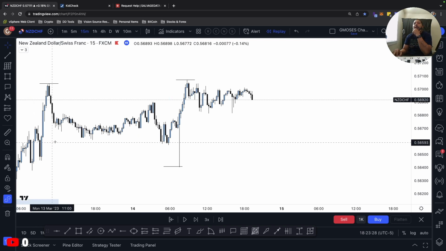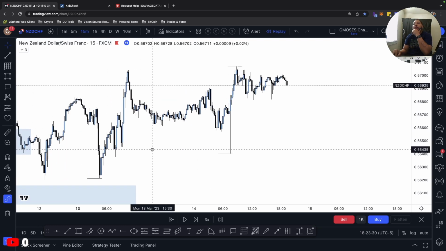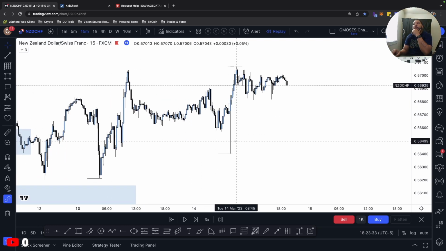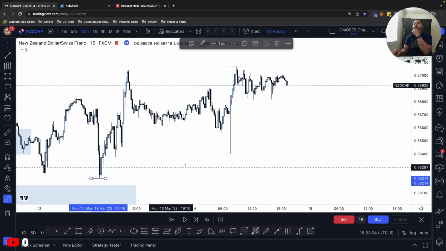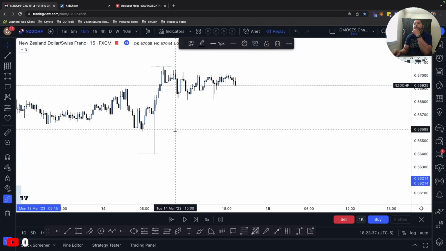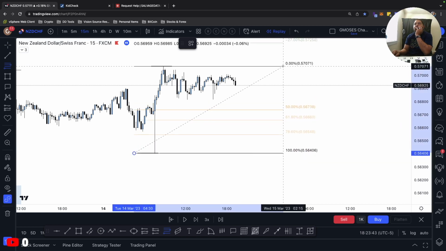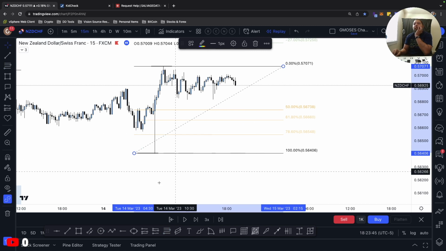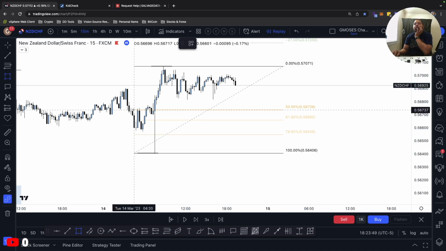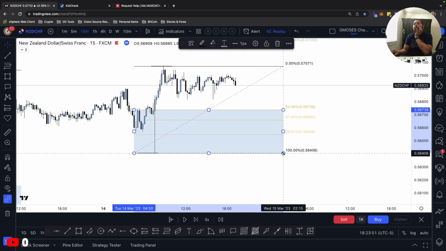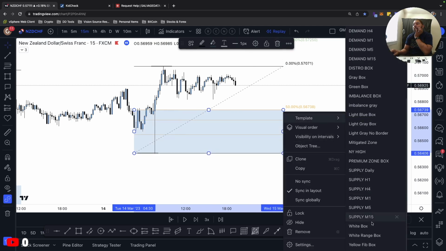So because we have these areas here, what we can do is utilize our fibs for this leg of structure here. Bottom, top here, and then what we can look for is bounces or anything off this area here, because we're continuing structure.